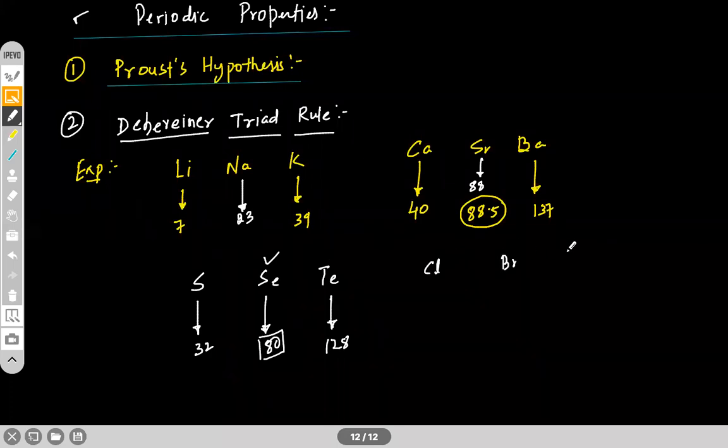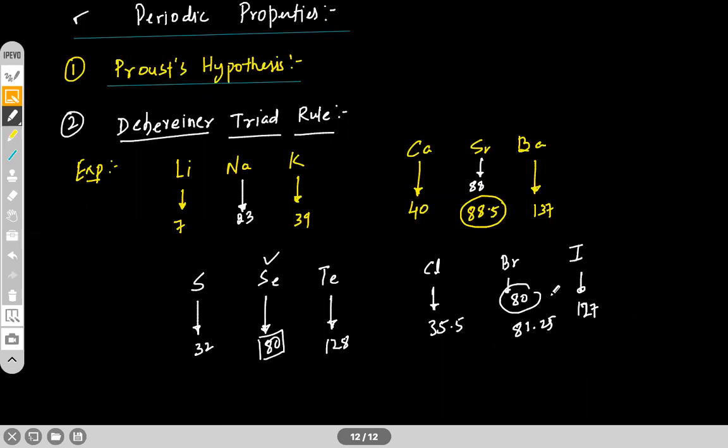If you check chlorine, bromine, and iodine: chlorine is 35.5 atomic mass, iodine is 127, and bromine atomic mass is 80. But the average of the two is around 81.25. So it is close, not exactly the correct value, but close.